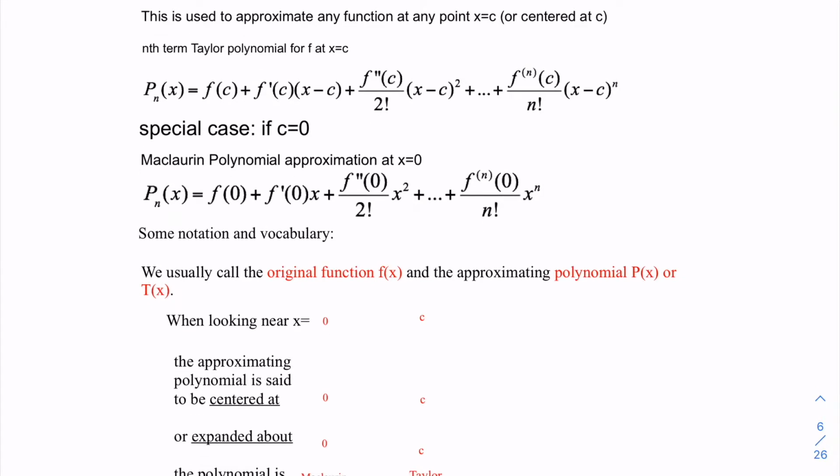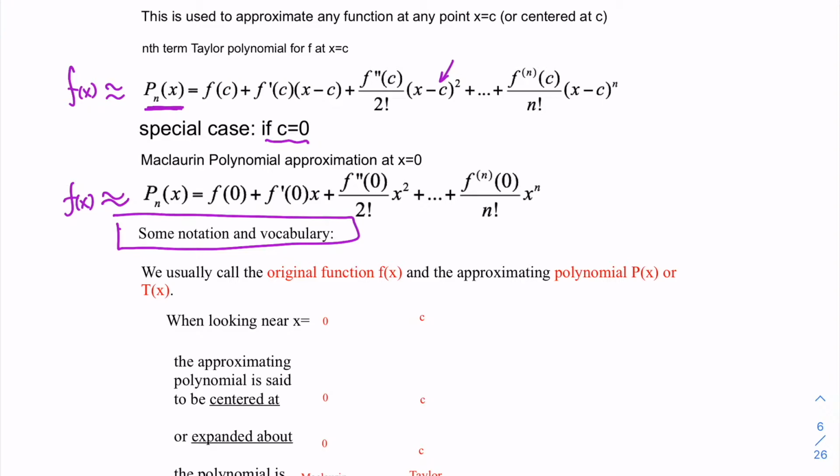We learned the Taylor and Maclaurin polynomial approximation. f(x) is approximately the nth degree Taylor polynomial centered at c, and when the center c equals 0, we call it the Maclaurin polynomial approximation. Some of these notations are vocabulary on the test.